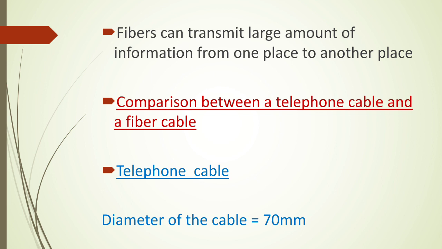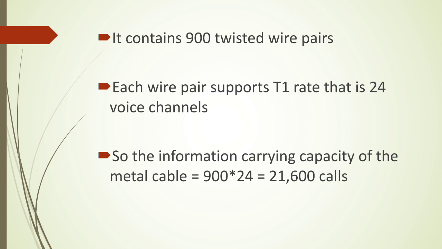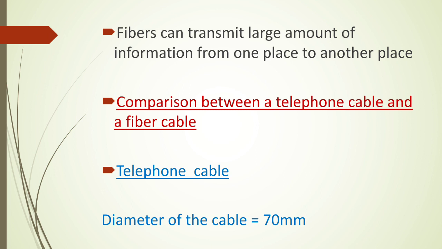The diameter of the telephone cable is 70 millimeter. This is the overall diameter of the telephone cable, that is 70 millimeter. This metal cable consists of 900 twisted wire pairs.